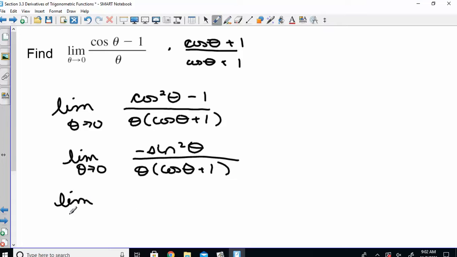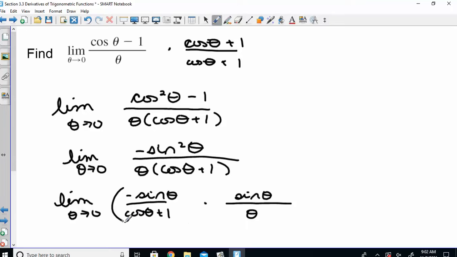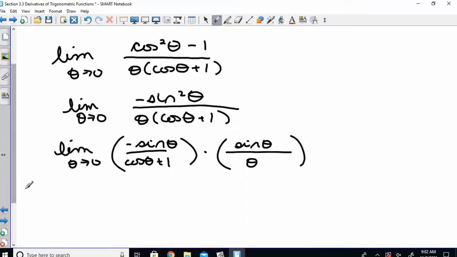Okay, remember when we did these limits, a lot of times we would kind of break things apart. So a negative sine squared, that's like a negative sine times the sine. I'm going to put the theta under one of these and the cosine theta plus 1 under the other. So I didn't change my problem, I just rewrote it a little bit.